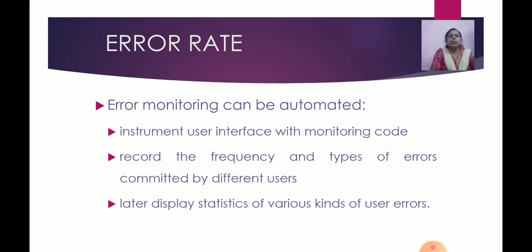Instrument the user interface with monitoring code to record the frequency and types of errors committed by different users, and later display statistics of various kinds of user errors. Means the user interface can have error monitoring, where the errors are measured, and the type and frequency of errors are recorded in the software, and later it will display the statistics of various kinds of errors.